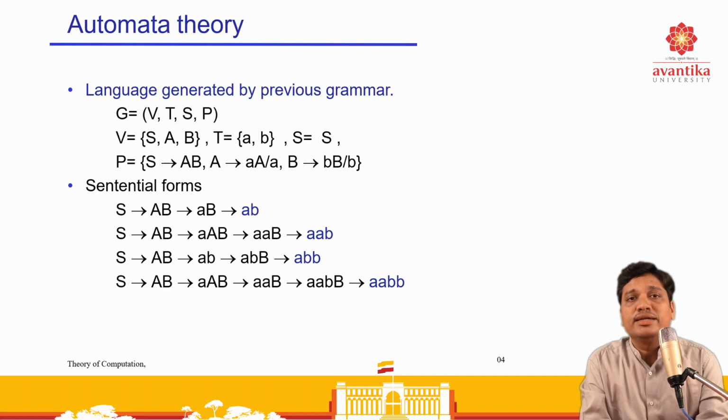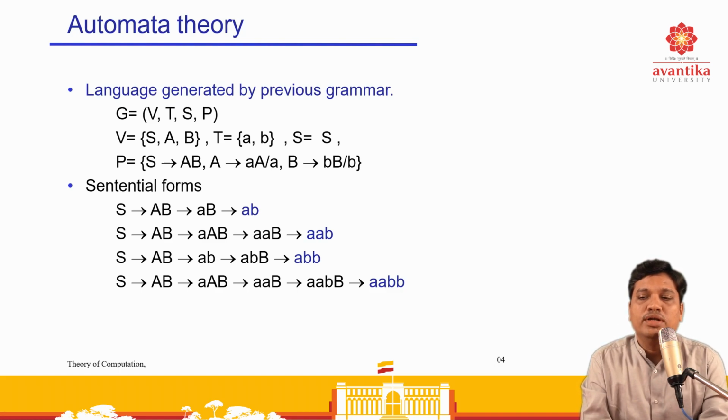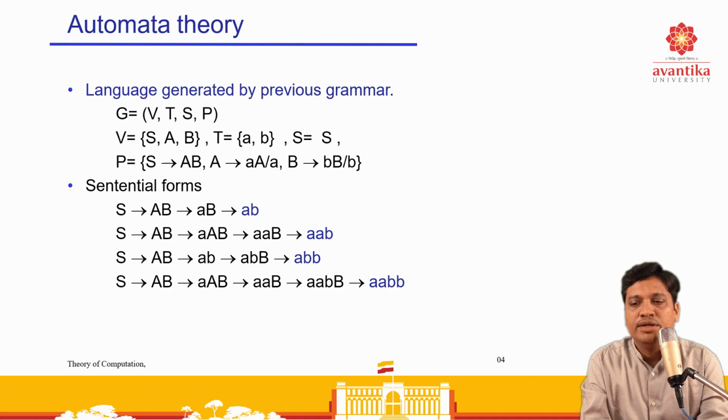Now, how do we derive the complete string? There are some intermediate states, and an intermediate state is called a sentential form. Like S tends to AB. First, capital A is replaced with small a, so we obtain aB. In the second step, capital B is replaced with AB.